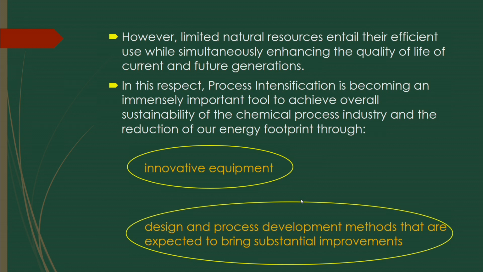So, in this respect we have to develop the process in such a way that it becomes an immensely important tool to achieve overall sustainability of the chemical process industry and the reduction of our energy footprint through different basic features. Now, innovation of the equipment is one of the important features based on which you can intensify the process and give better products and more products to the society.